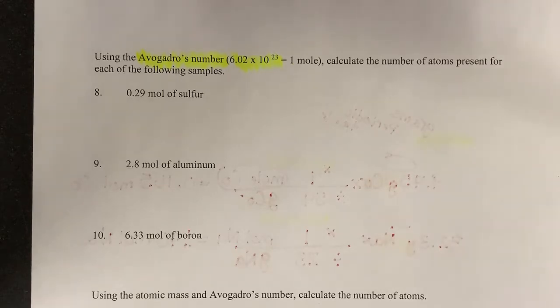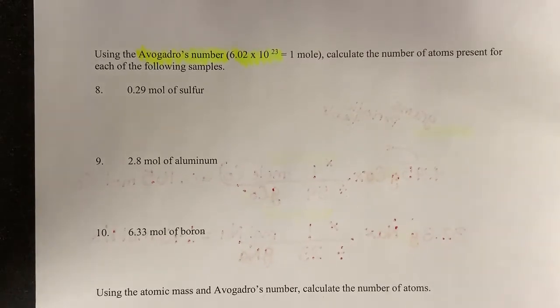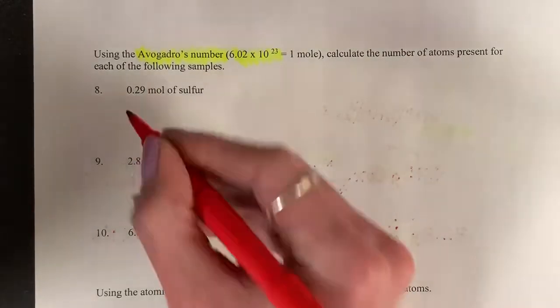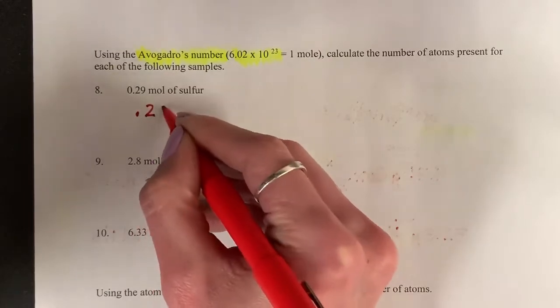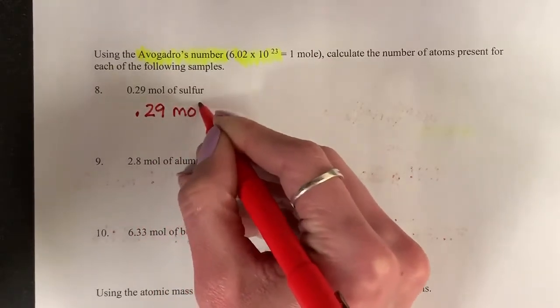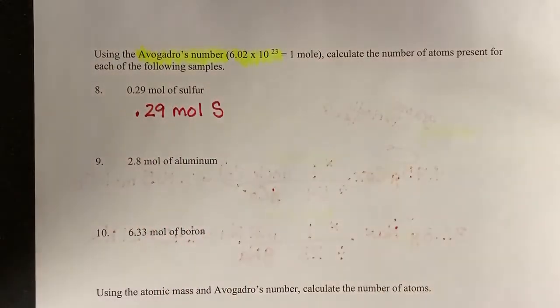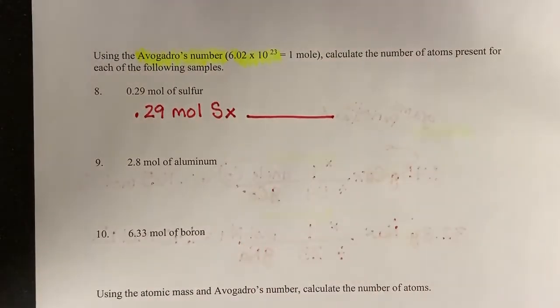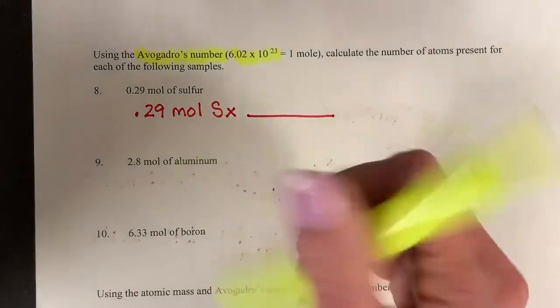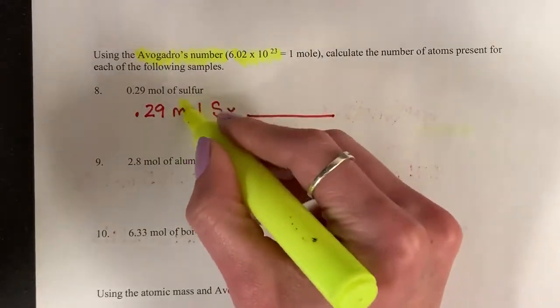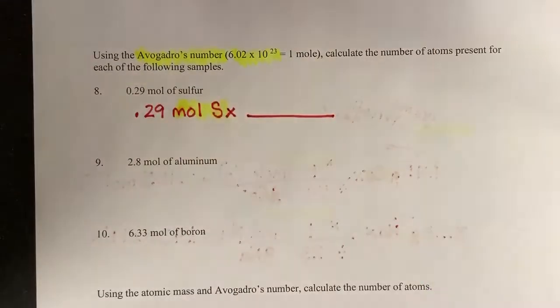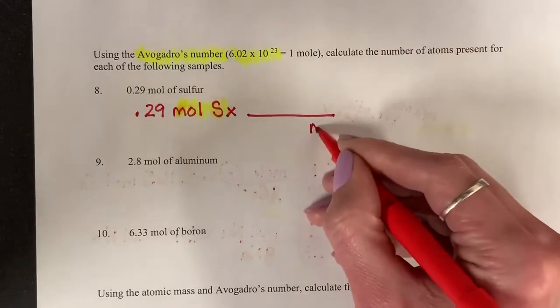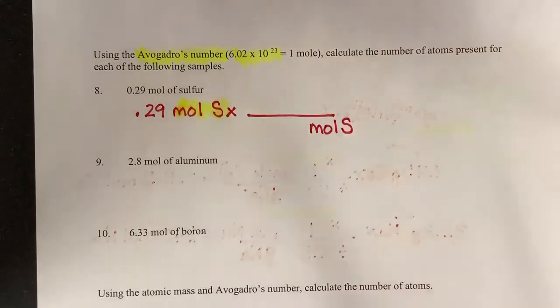So just like every other problem, I'm always starting with the number given. I'm told I have 0.29 moles of sulfur. I draw my times sign, I draw my line. Because I'm starting with moles, I want moles to go away, so they go on the bottom.